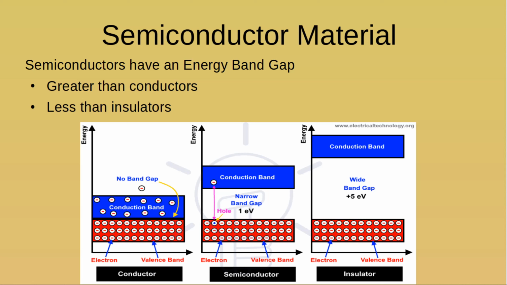When we have an insulator, we have a very wide band gap. So it takes a lot more energy to free that electron into the conduction band if it's an insulator type material. And insulators typically have almost a full outer valence shell, which, and I don't understand the physics, but that makes it harder to energize an electron and free it for some reason.